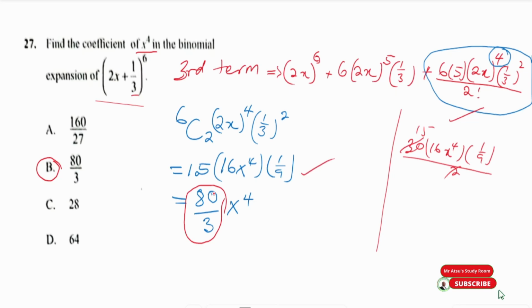So 15 times 16 divided by 9 will give us 80 over 3 x power 4. So you can use any of them. But if you remember, the combination method is very short and straightforward, and that saves you a lot of time. But you can also use this to verify. It's entirely up to you.